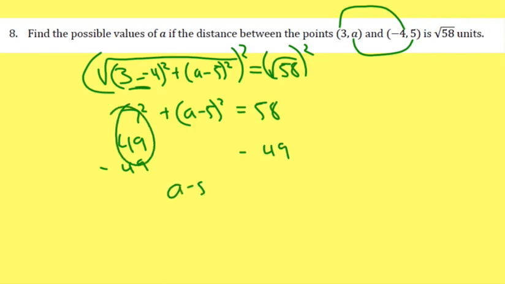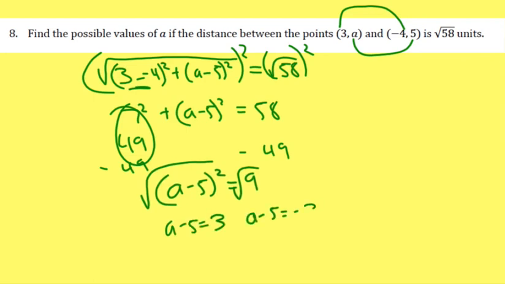I get a minus 5 squared equals 9. So now if I square root, a minus 5 equals 3, but a minus 5 could also equal negative 3, because 3 and negative 3 squared both equal 9. So add 5, a could equal 8. Add 5, a could also equal 2. So either one of those would be fine.